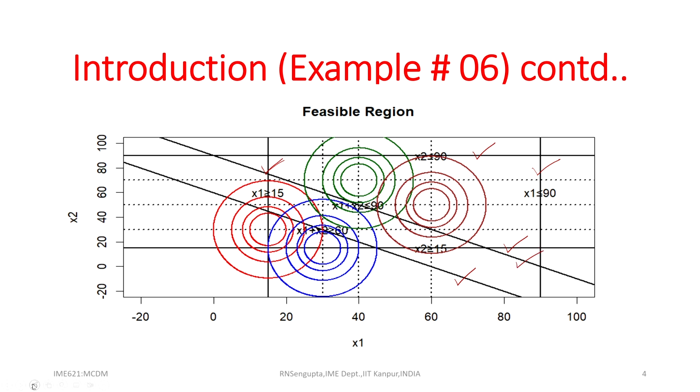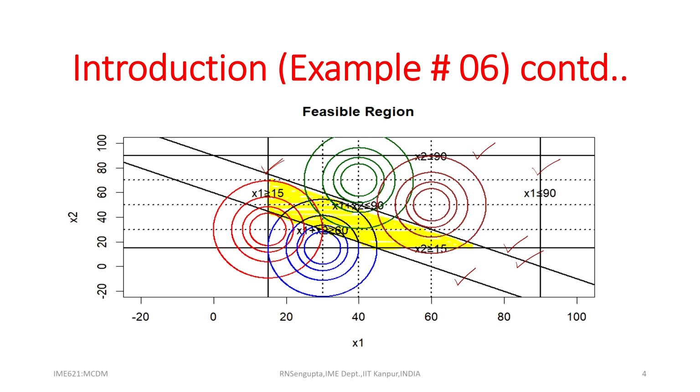Once you have that, the overall area I am marking in yellow color is the feasible region. I am just marking the outline. If I colored the whole area, this is the overall space where you want to search for the optimal points.